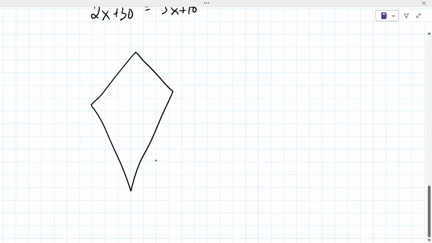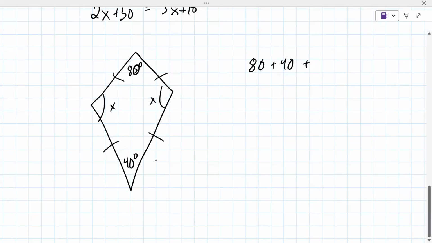If I told you that this was 40 degrees and that this was 80 degrees, and I asked you to find these two angles in a kite, then you would set it to 360, because 80 plus 40 plus X and X, they're the same, adds up to 360. And that's exclusively for a kite.